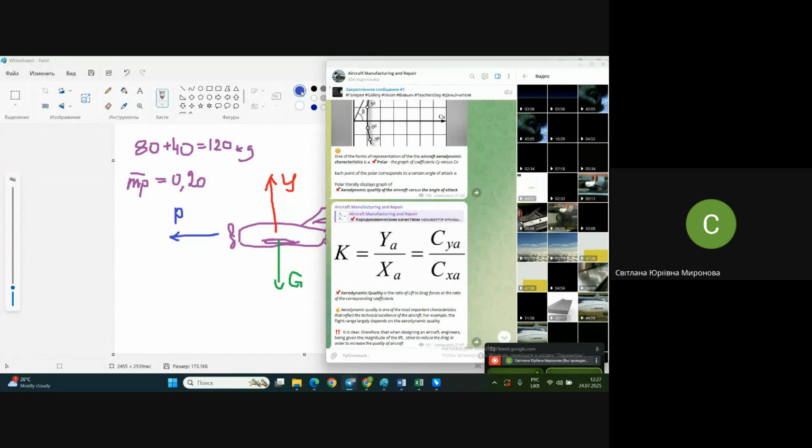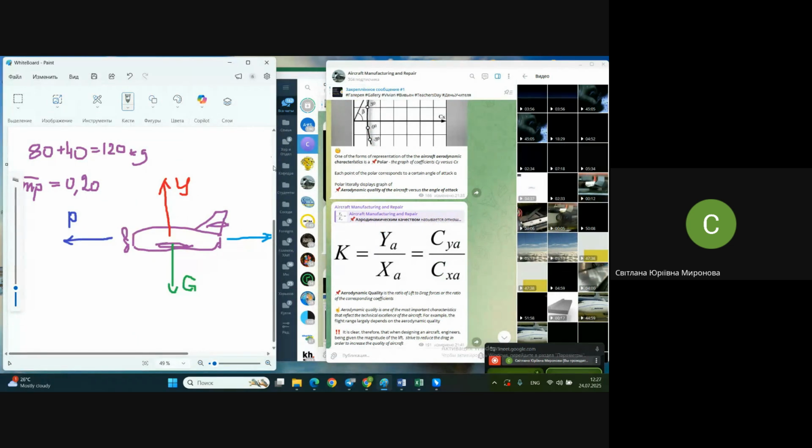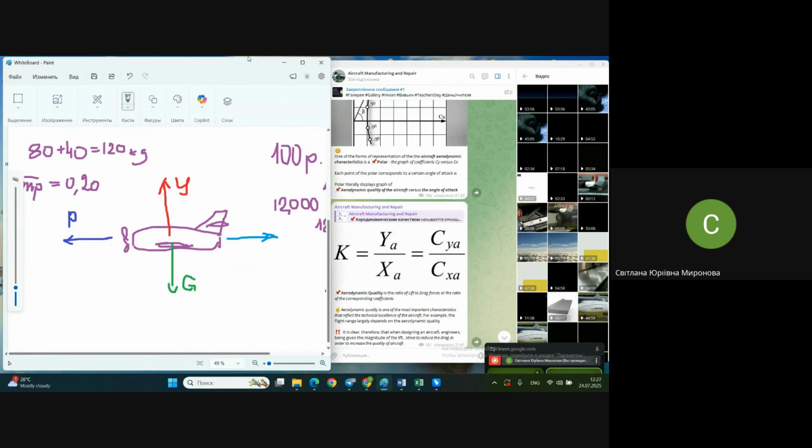Let me reduce this in order that we may see both halves simultaneously. If the quality of the airplane is equal to 10, and here we have 48 tons of lift equal to weight, agree?